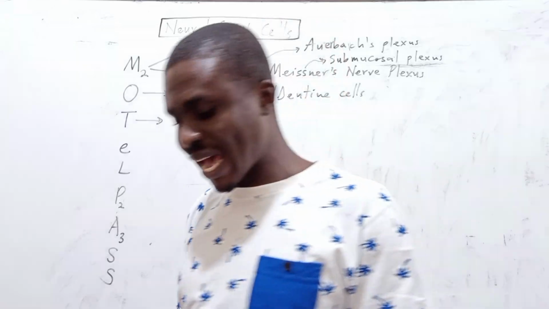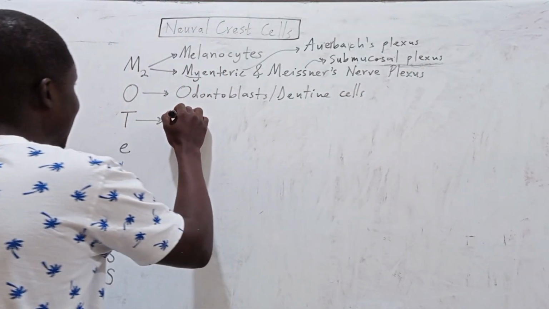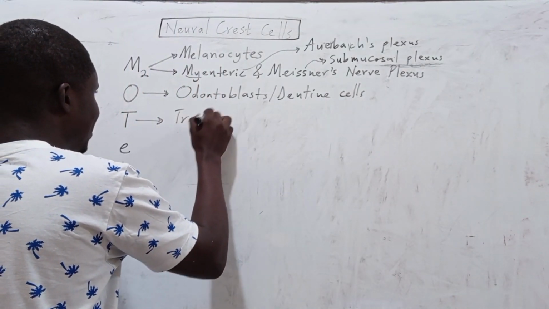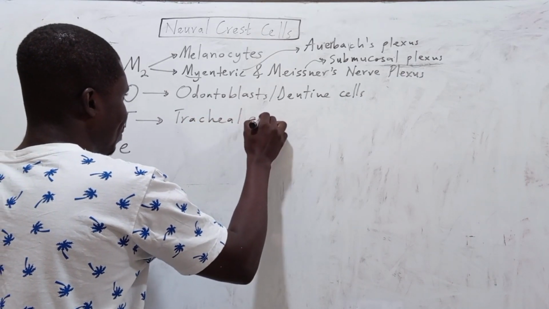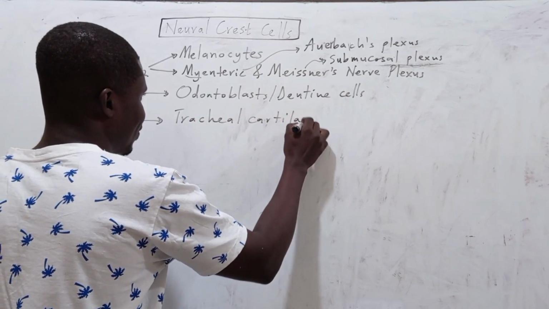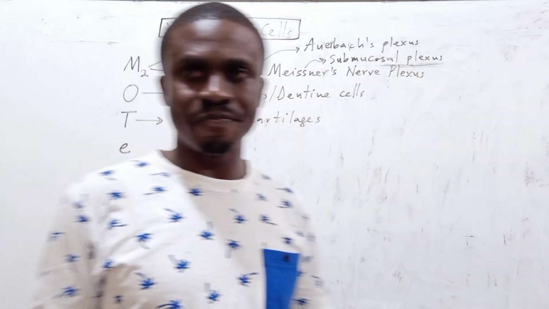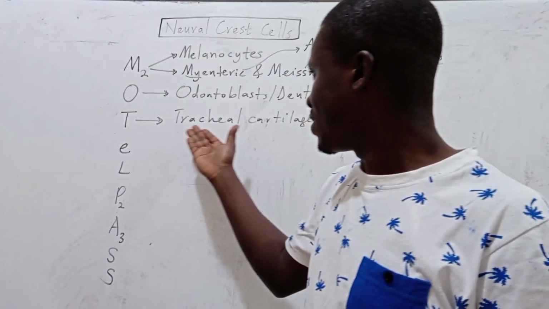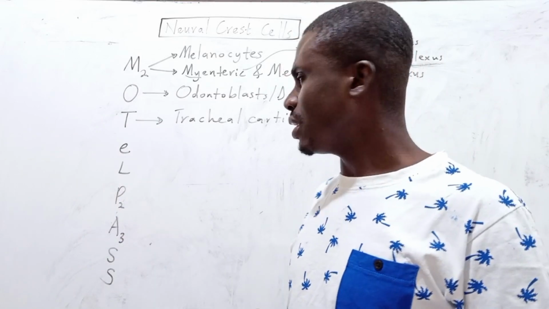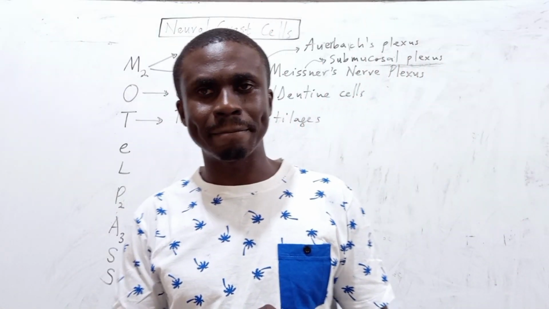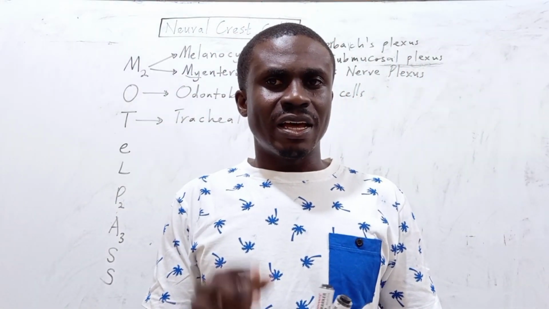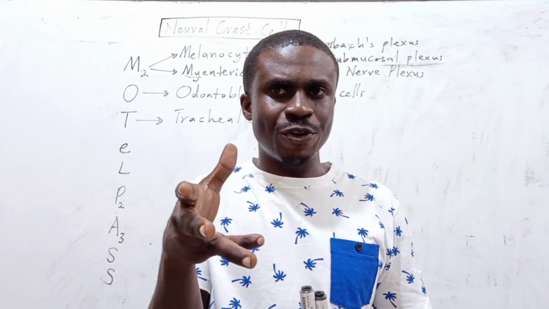And these tracheal cartilages, let me put that one here, are also coming from neural crest cells.